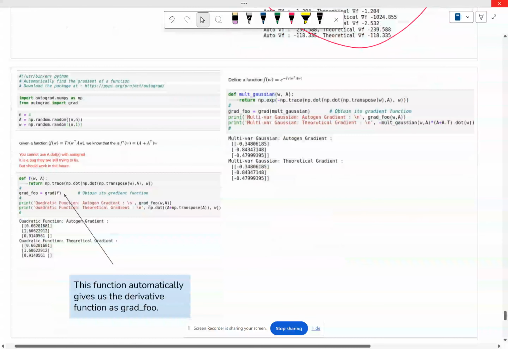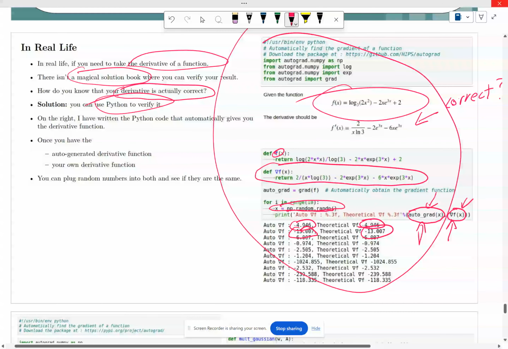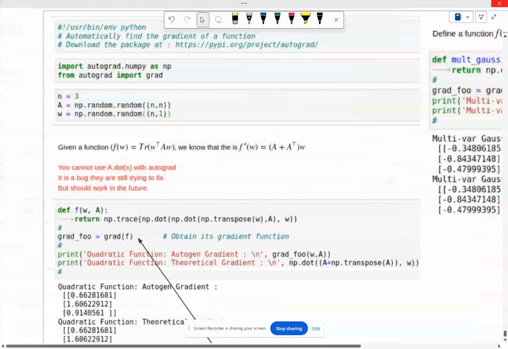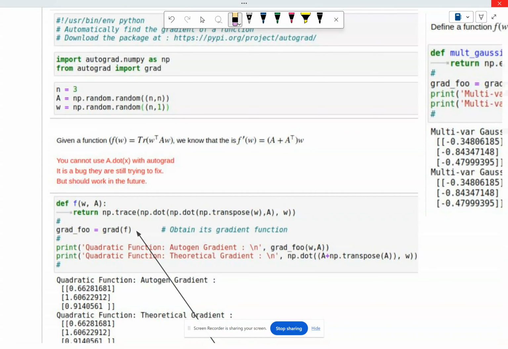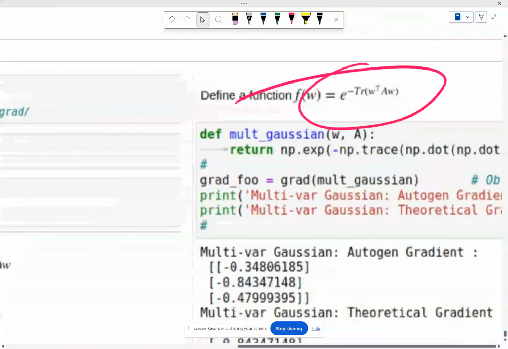I have written a whole bunch of them. That one was for a one-dimensional equation, but the same idea applies for multi-dimensional. So right here, I calculate the derivative for W transpose AW, right? This right here is essentially like a quadratic. And over here, it's an exponential quadratic.